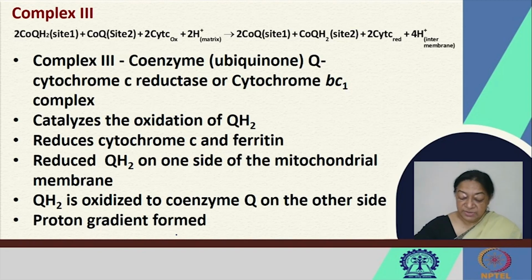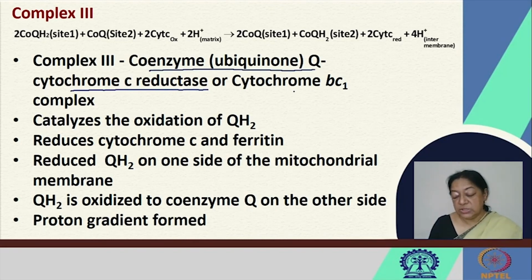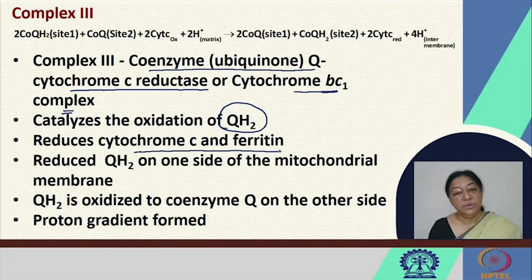In complex 3, this is a coenzyme Q cytochrome C reductase, or cytochrome bc1 complex as it is called. This catalyzes the oxidation of QH2 that had been formed. It reduces cytochrome C, a molecule involved in electron transfer.